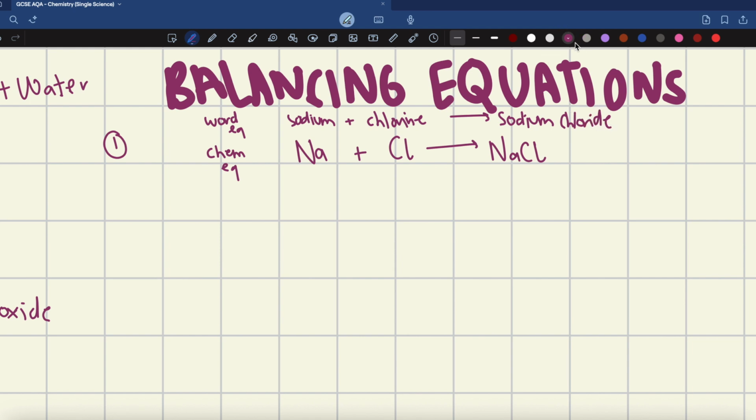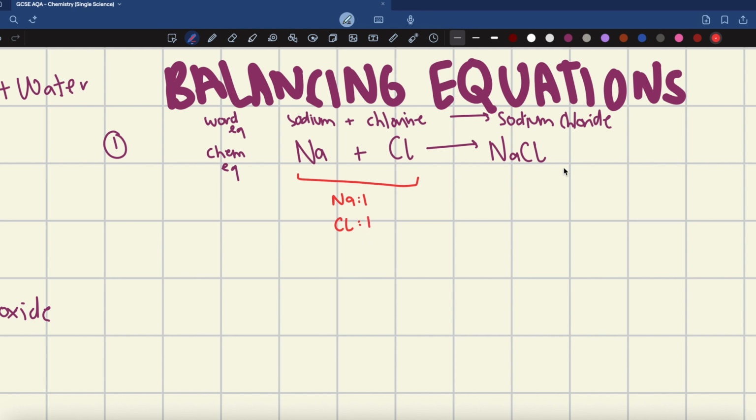Now, when it comes to balancing equations, it is important to make sure that there are equal numbers of all the elements on both sides of the equation, both the reactant side and the product side. With this equation, we are very lucky. How many sodiums are there on the reactant side?